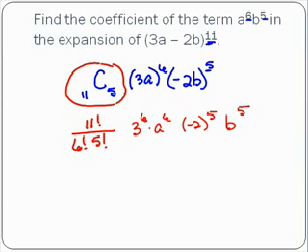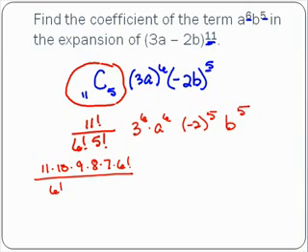All right, so we got a lot of numbers there we're going to combine. So 11 factorial, we're going to go 11, 10, 9, 8, 7, 6. And then 5 factorial is 5 times 4 times 3 times 2 times 1. So when I reduce, let's go with 2 times 5 is 10.